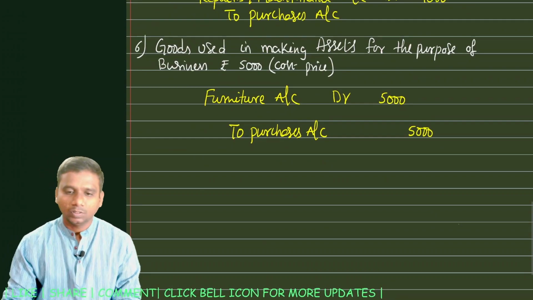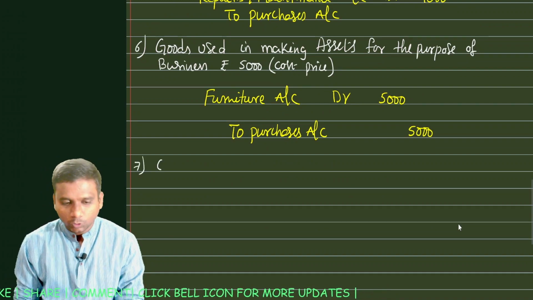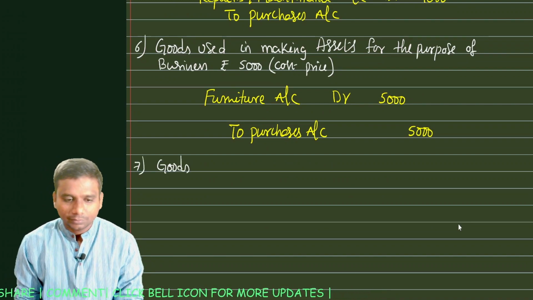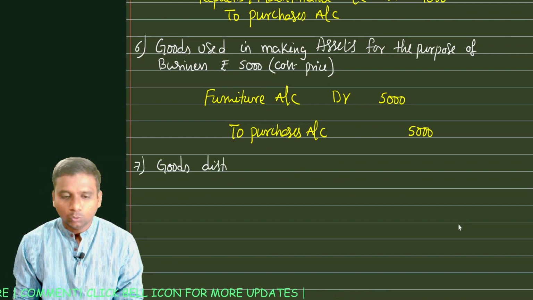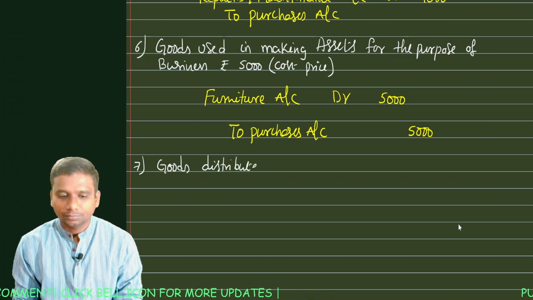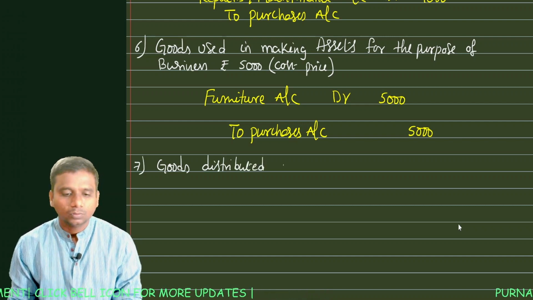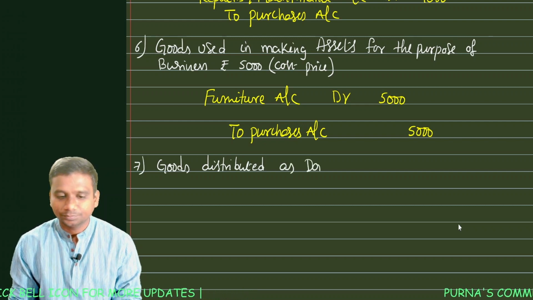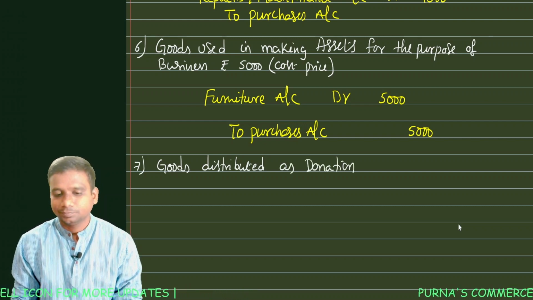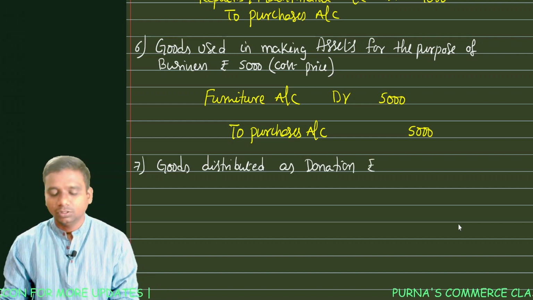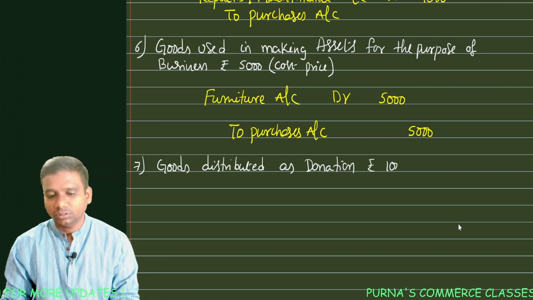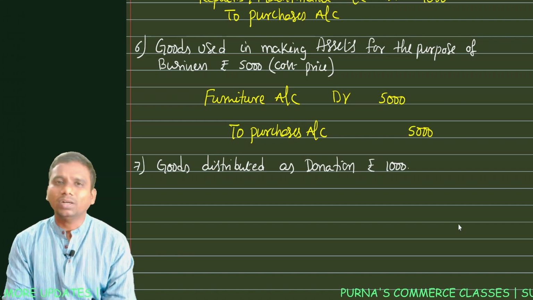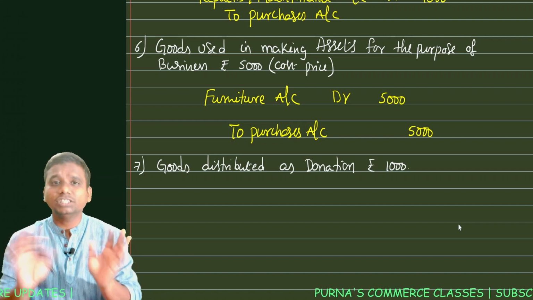And sometimes goods may be distributed as donation. Rupees 1000. What happened here? I am not distributing the goods as free samples.